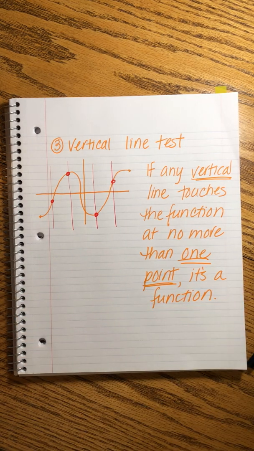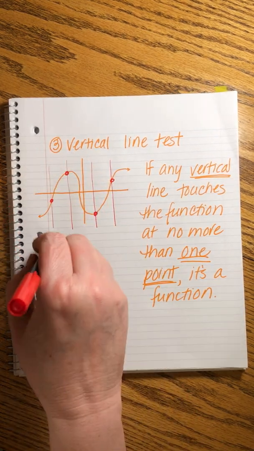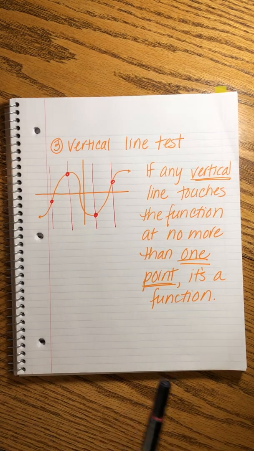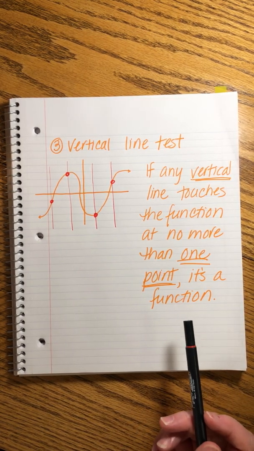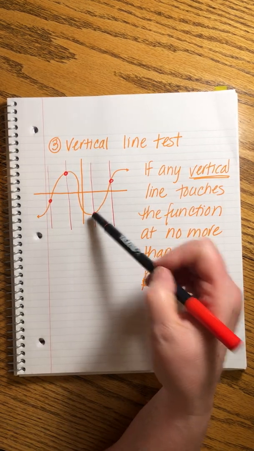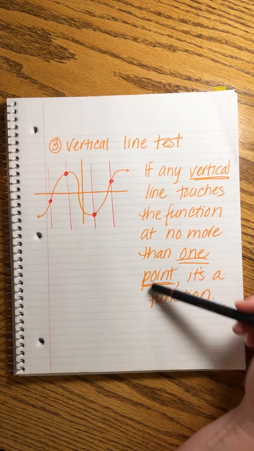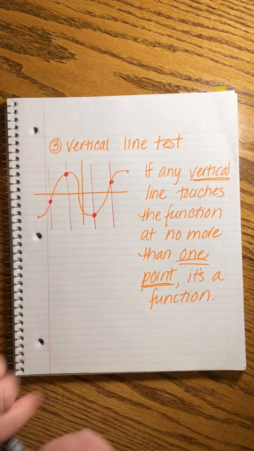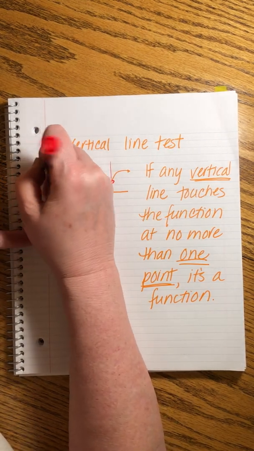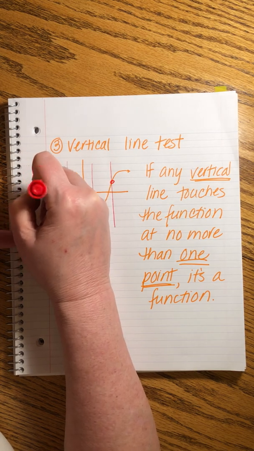It's so much easier to understand than it is to explain it in words. If any vertical line touches the function at no more than 1 point. So if it doesn't touch it at all, that's okay. What we don't want is a vertical line that touches our function in more than 1 point. If it's no more than 1 point, it's a function. So this one is a function. So we're gonna give it a very happy face. And I'm gonna write valid function right there.